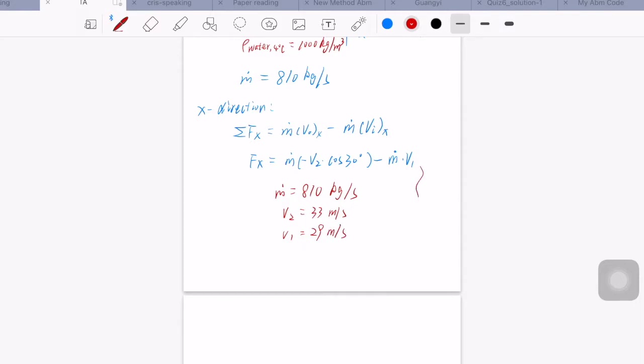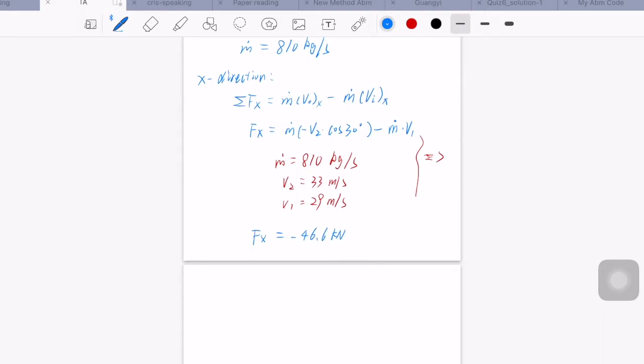So we can determine that Fx should be equal to minus 46.6 kilonewtons. Since the result is negative, the force should act to the left.